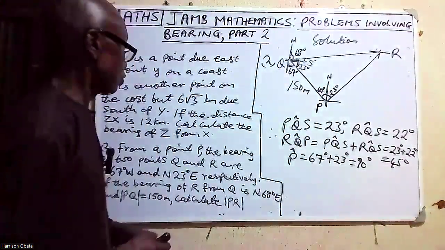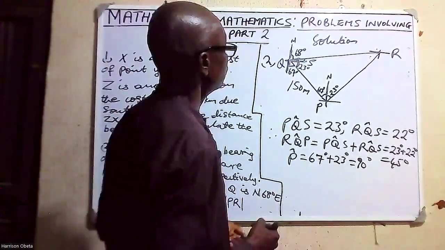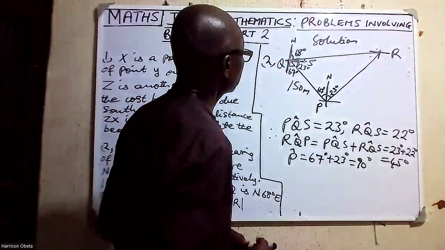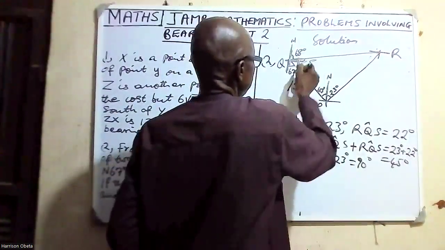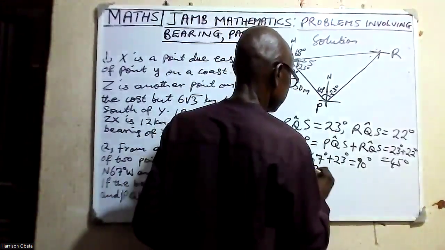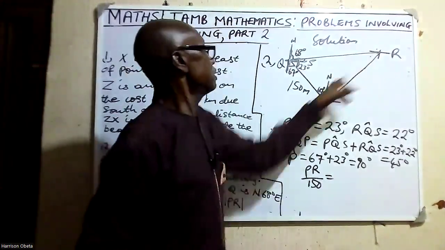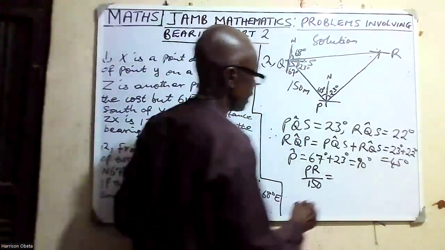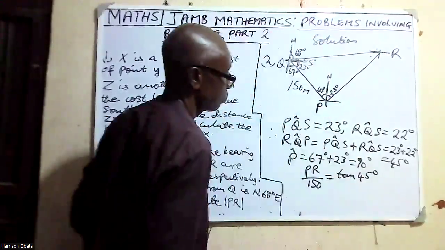So, we have to calculate PR. We can use any formula. This is opposite, this is adjacent to this. So we can say that PR all over 150, PR, that is this, all over this, opposite over adjacent is tan 45 degrees.